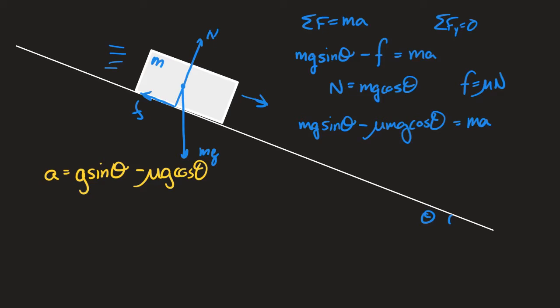So if there's no friction, that disappears and I just get g sine theta. If there is friction, then a is going to be less than that. It might still accelerate down the ramp, or it might be slowing down. I don't really know. Depends on all those factors.